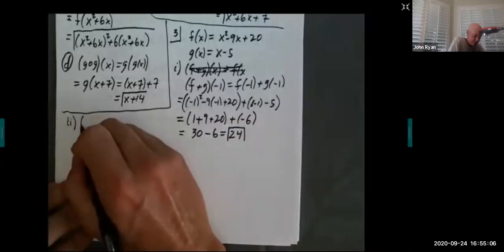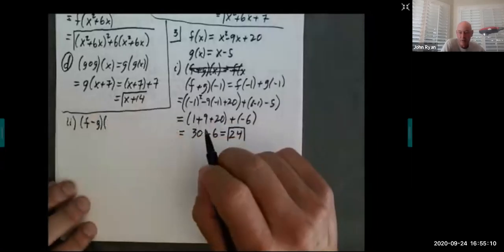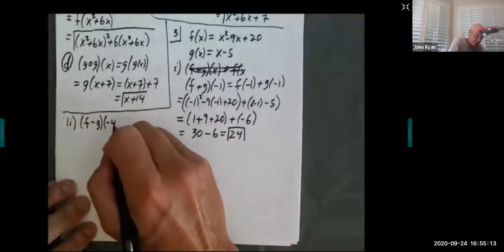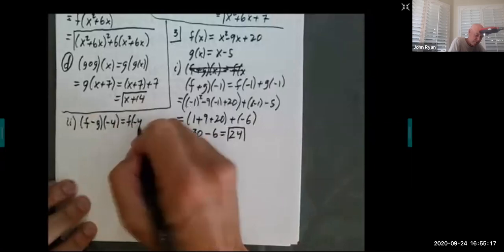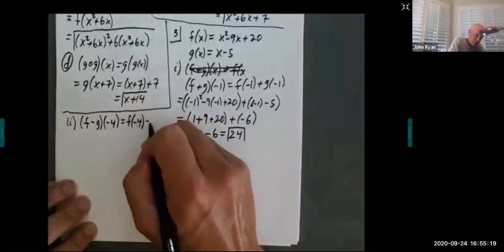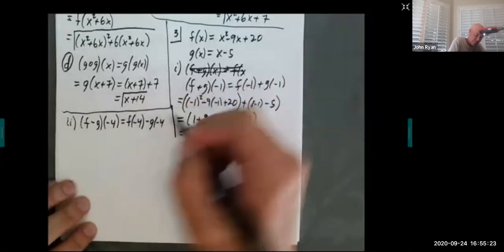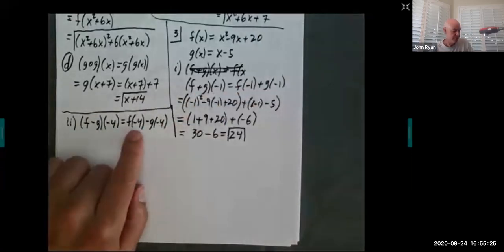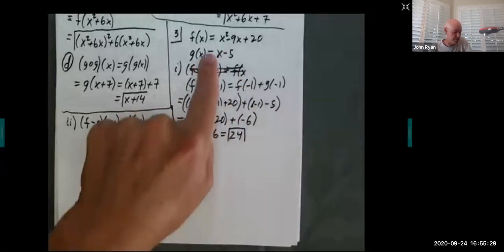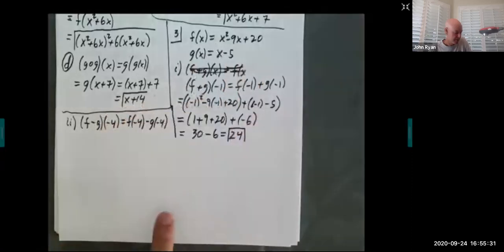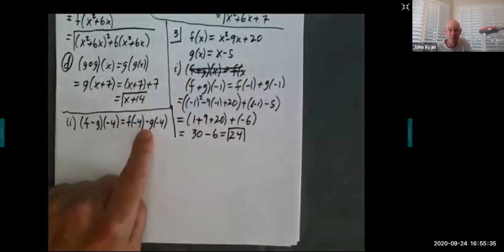Says that we're going to have f minus g of, and we're evaluating this one at -4. Meaning I'm going to evaluate the function f when x equals -4, so that will be there and there, and g at -4, which is there. And then I'm going to subtract. We want to be really careful when we're subtracting.